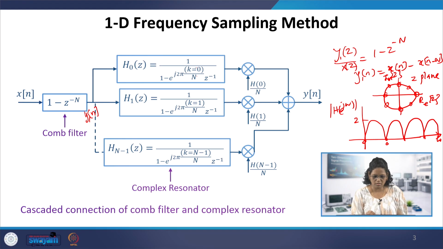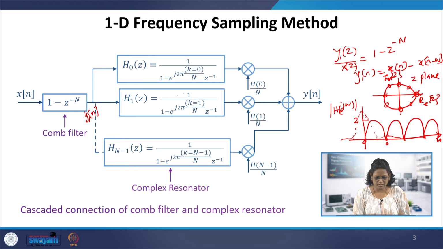If you put k equal to 0, that would result in a pole at this point. So this cancels this zero, and then allows the DC to be passed. That is the maximum response, that would contribute to the maximum response for k equal to 0. So this resonator would pass only the DC.